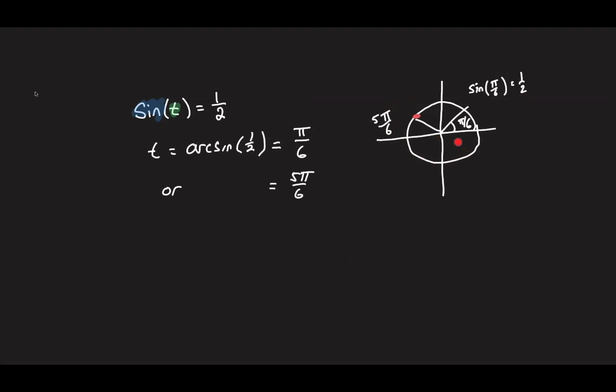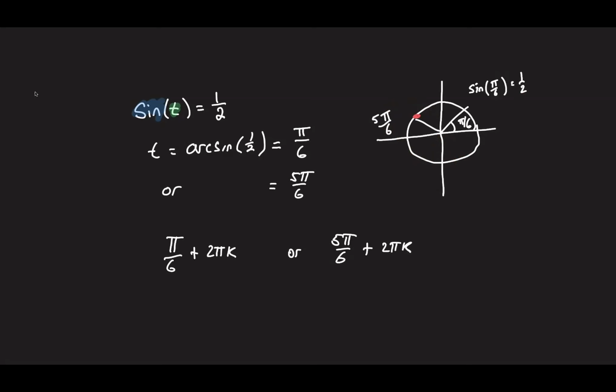We have the same reference angles down here, but they're in quadrants 3 and 4, so sine is negative there. If we extend this a bit further, we could get the general solution. The general solutions would be pi over 6 plus 2 pi k for any integer k, or 5 pi over 6 plus 2 pi k for any integer k.